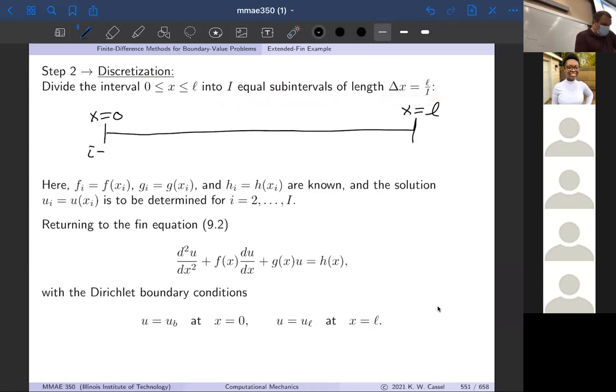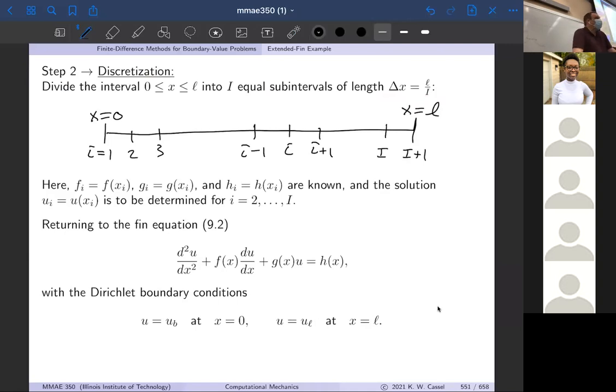We'll start with i equal to 1 at the left-hand side, and then just go across 2, 3, and then a generic i minus 1 to the left, i plus 1 to the right. The point just inside the right boundary would be capital I, and at the right boundary will be capital I plus 1.